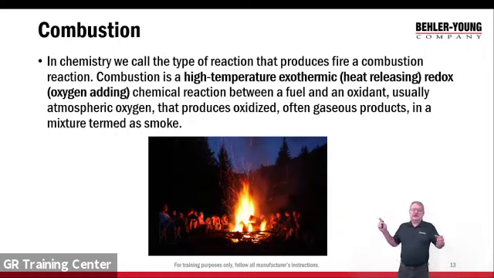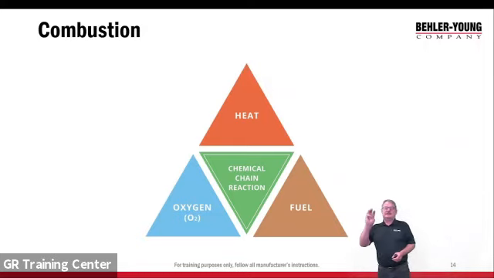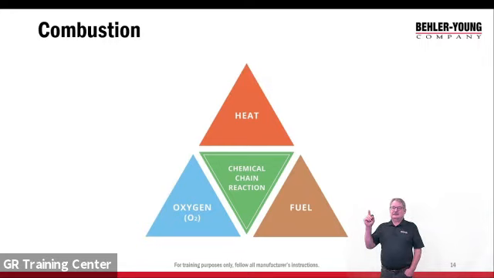So anyway, flame, or combustion, is a chemical reaction. Now, we need three things for combustion. You take away any of the three and we don't have combustion. We need fuel, obviously, something that will burn. We need oxygen in a proper amount, and we need heat.